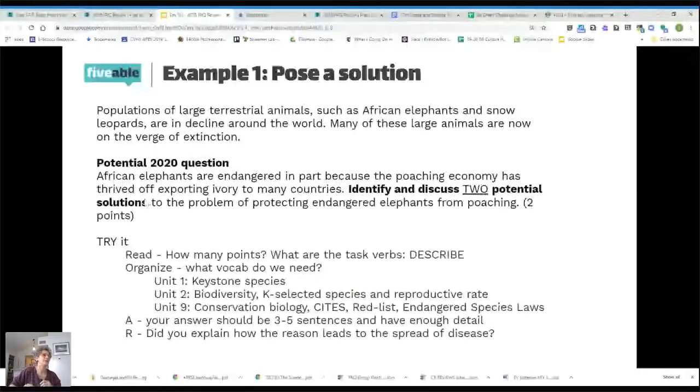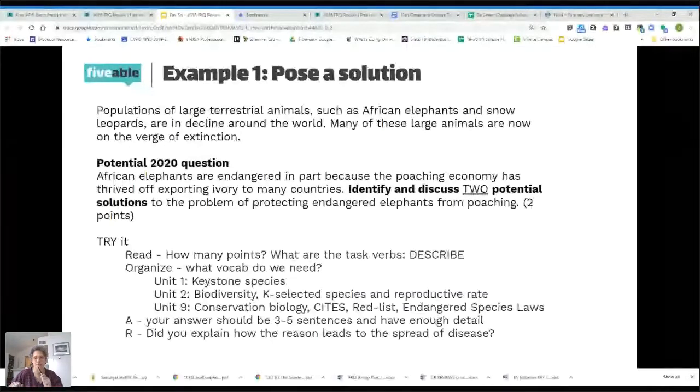African elephants are endangered in part because the poaching economy has thrived off exporting ivory to many countries. Identify and discuss 2 potential solutions to the problem of protecting endangered elephants from poaching.